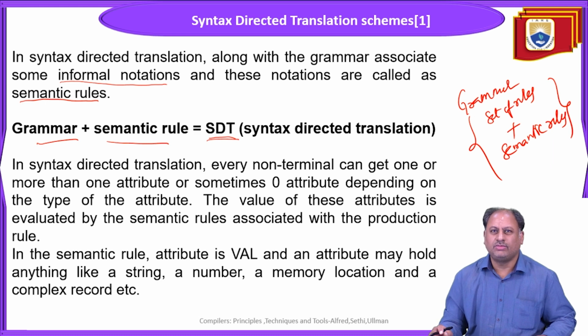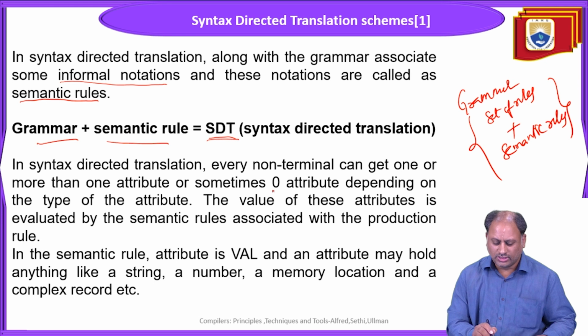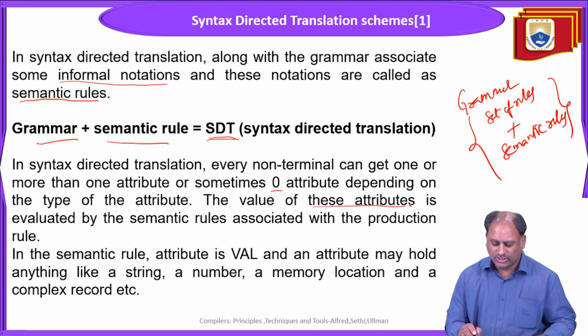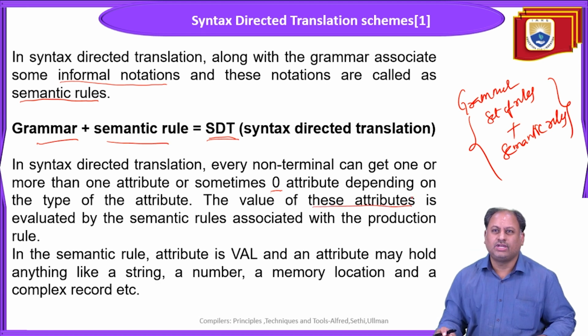Here every non-terminal is going to get one or more attributes, or sometimes zero attributes, depending on the type of the attribute. In syntax directed translation, the values of these attributes are to be described.